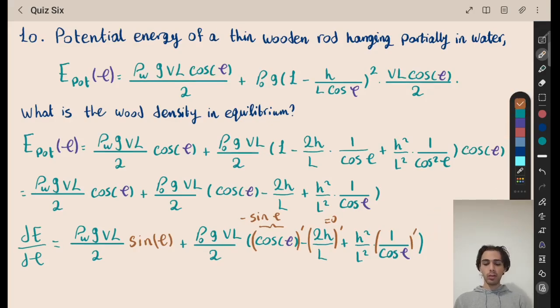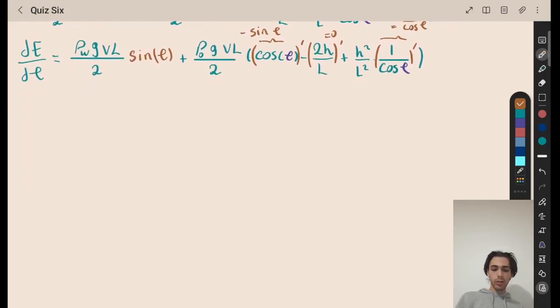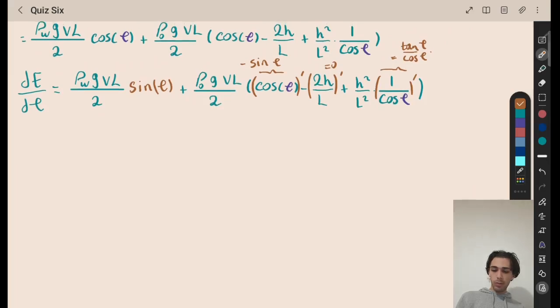And I think that's going to be tangent over cosine. It would look like this. You can check this yourself, of course. But from my side, I will not. What I will do instead is I'll just write the answers down.